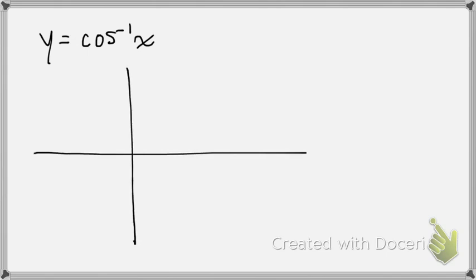Okay, so let's look at the other one. We have y equals inverse cosine x. And if you remember how inverse cosine works, it's the angle between 0 and pi. So cosine is going to go up to pi.